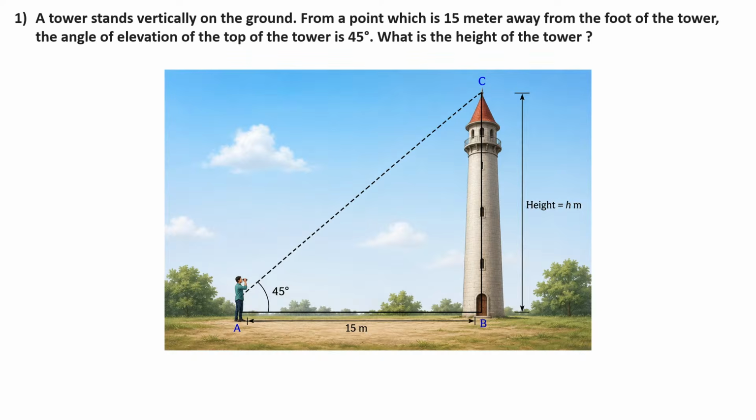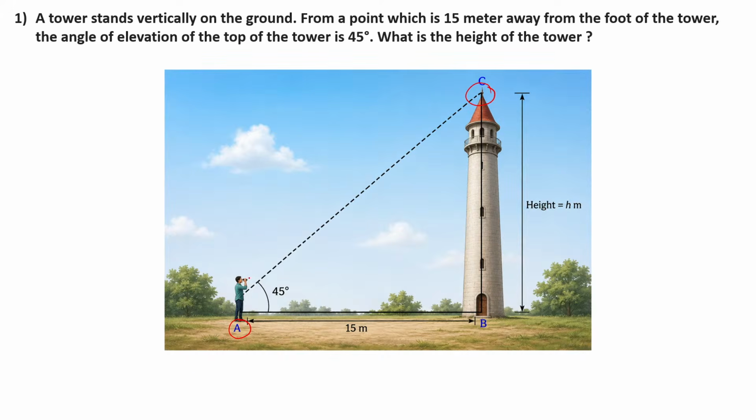A tower stands vertically on the ground. In the image, you can see the tower which is standing vertically on the ground from a point A. As you can see, from a point A, the observer is observing the top of the tower.